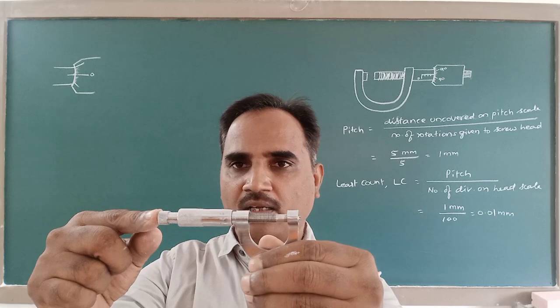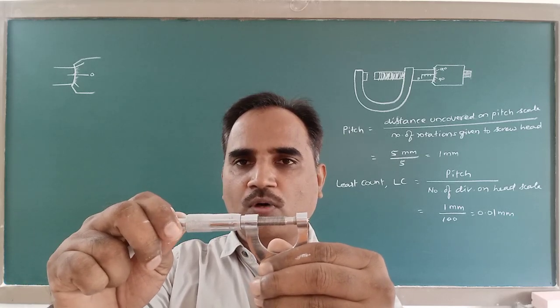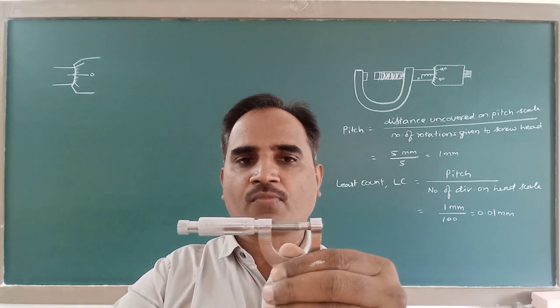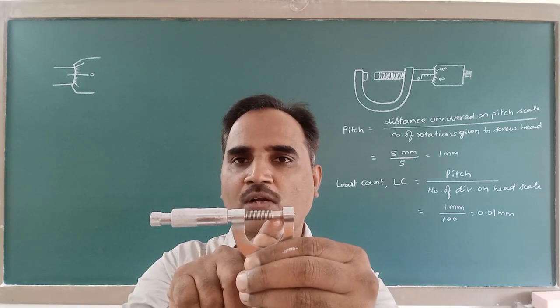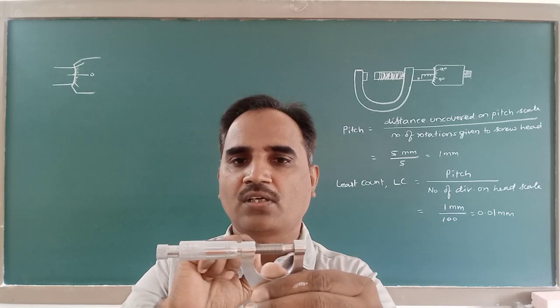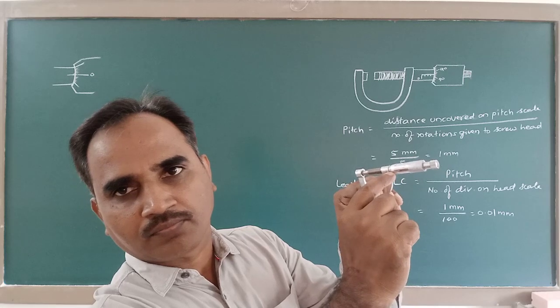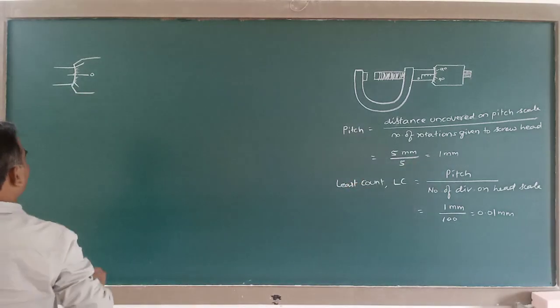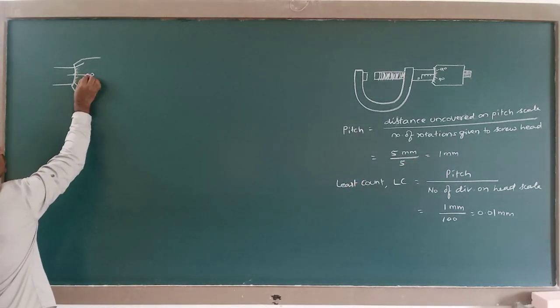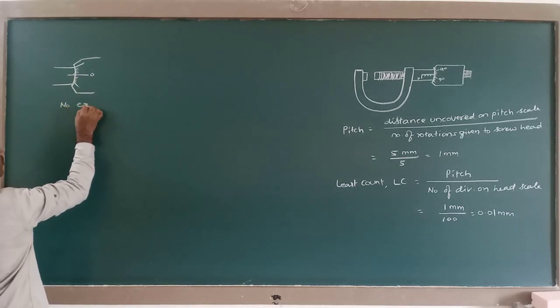Always hold the end and turn till you hear 2 or 3 click sounds. Now the anvil and spindle are both coinciding. So for an ideal screw gauge, this head scale 0 should coincide with the pitch line. When this head scale 0 is coinciding with this pitch line, then this instrument is said to have no error.